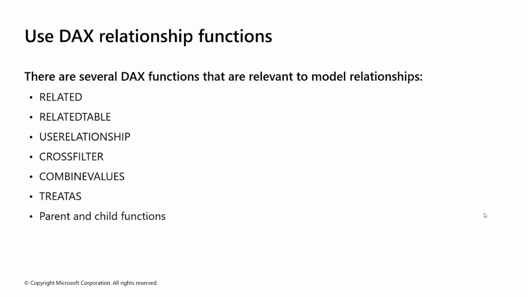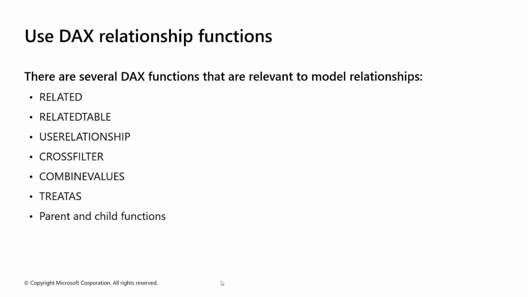Another one that we have is the parent and child functions. These are a family of related functions that you can use to generate calculated columns to naturalize a parent-child hierarchy. You can then use these columns to create a fixed level hierarchy.